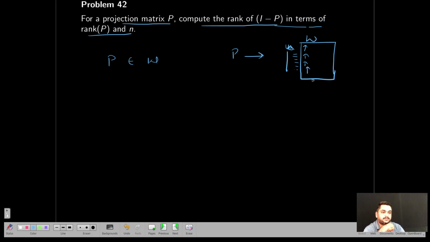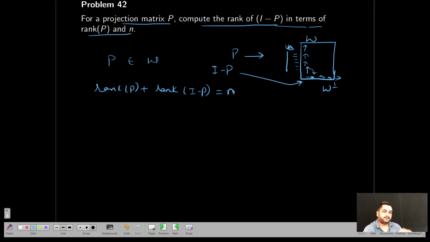Now this is W. There are vectors orthogonal to the column space, they are orthogonal to these vectors. This is represented as the orthogonal complement. So if I project with I minus P, it will be projected onto this orthogonal complement of subspace W. So that means rank of P plus rank of I minus P is equal to N, the dimension of the space.